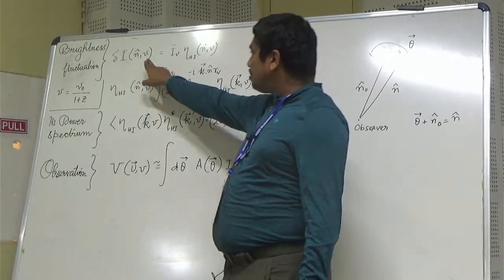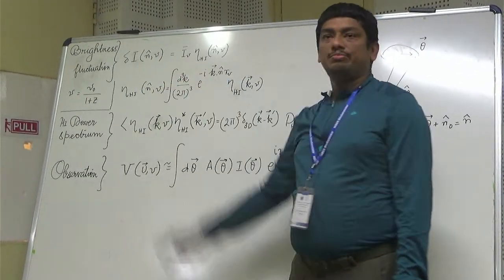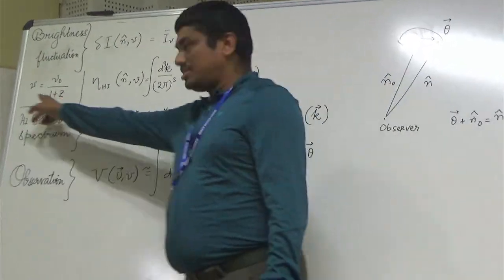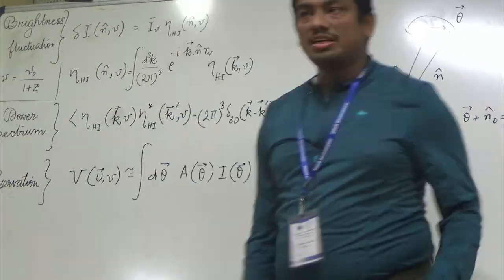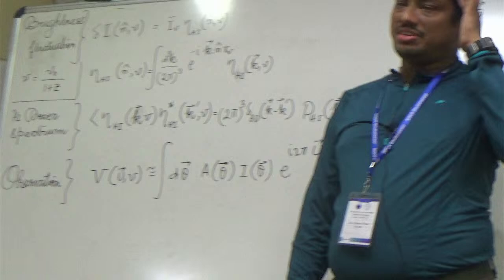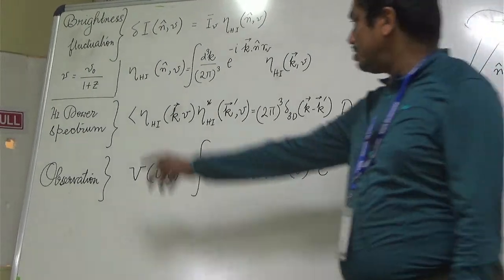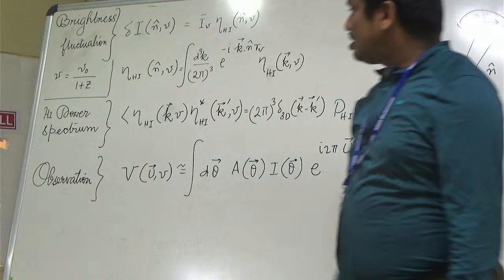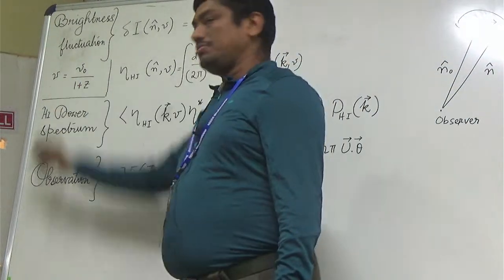Last time there was z here, but z and frequency I can interchange because we are looking at a particular specific 21 centimeter signal, which is 420 megahertz. Given a z, I can always figure out the frequency.